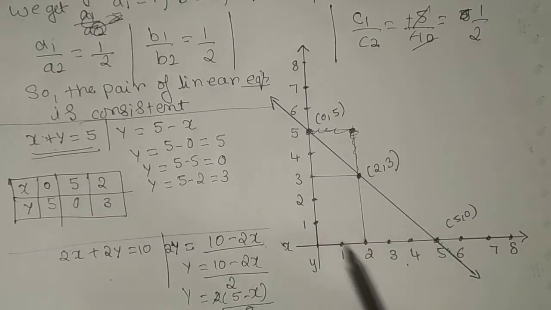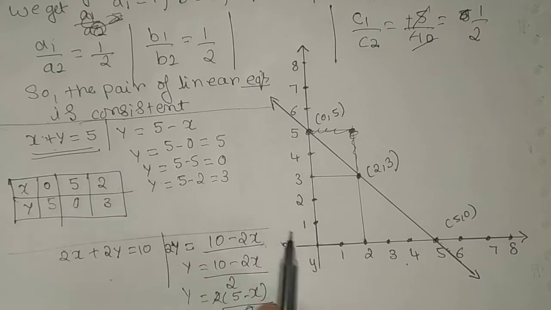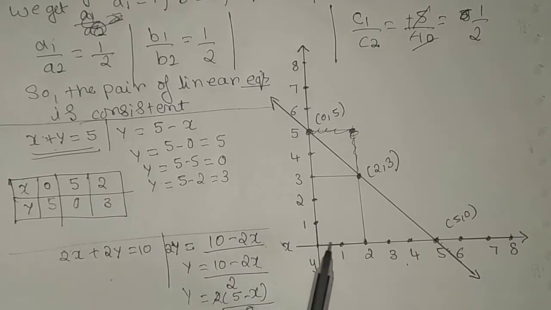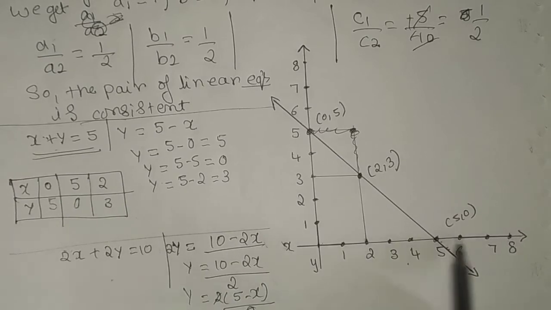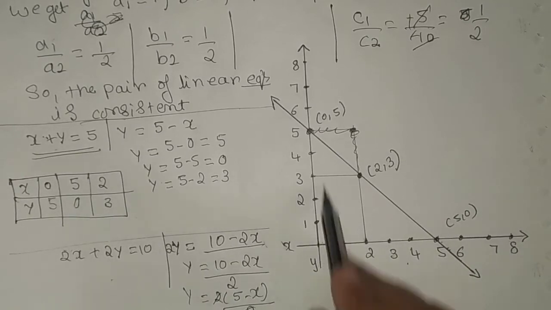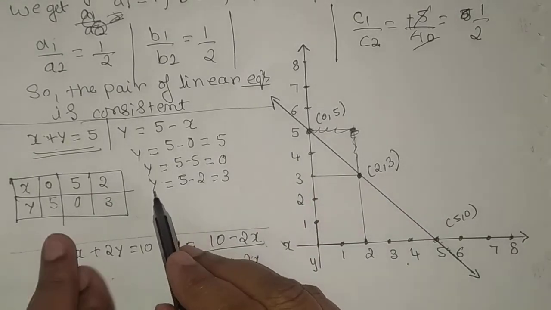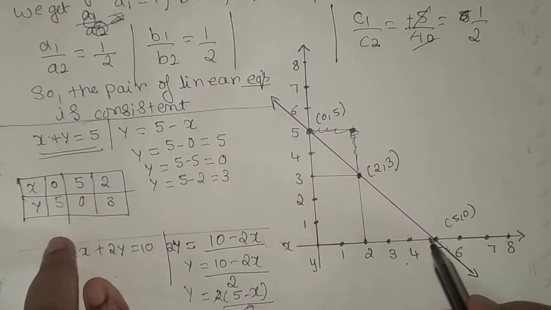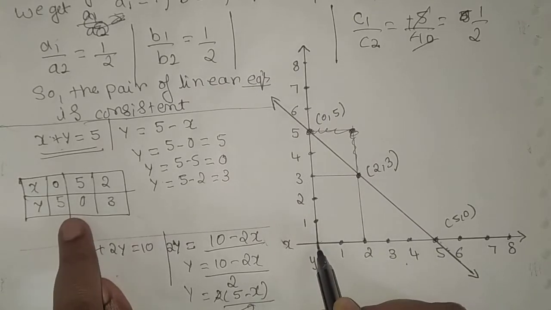So now these are the x and y coordinates. Since only positive values of x and y were required, I just drew the positive axes. This is x and this is y. First condition, x is 0 and y is 5.